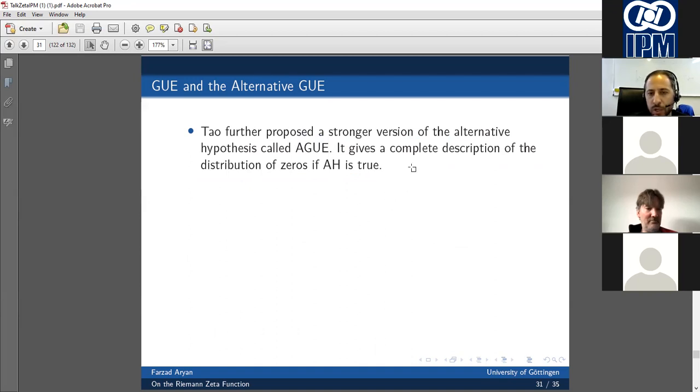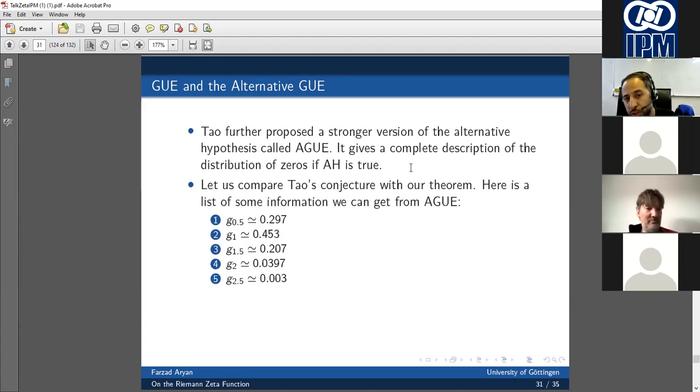But what his model gives is exactly what portion of gaps equals 1/2, what portion equals 1, and what portion equals 1.5. It gives around 30% gaps of length 1/2, about 45% gaps of length 1, and about 20% of the gaps would be 1.5.